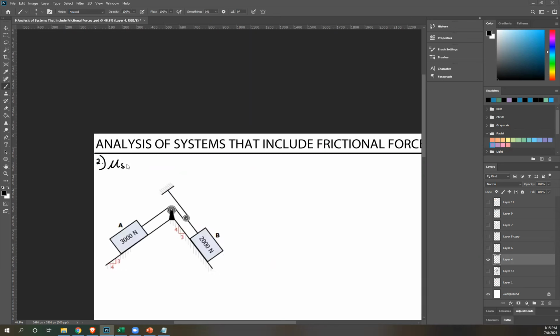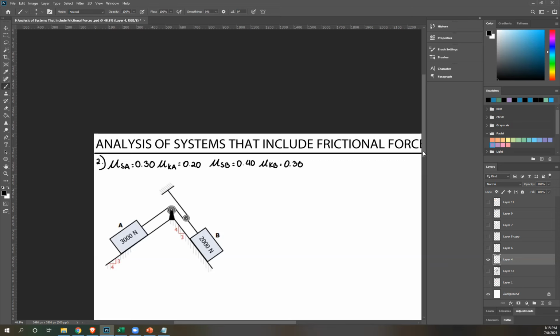For block A, let's call that mu SA, equal to 0.3. Then its coefficient of kinetic friction is 0.2, right? And then the coefficient of static friction for block B, let's call that mu SB, 0.4. And then kinetic is 0.3.